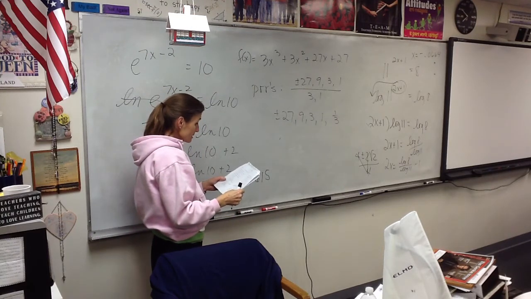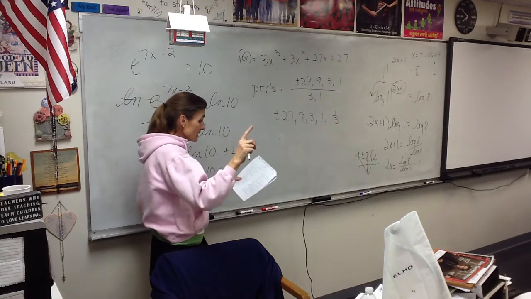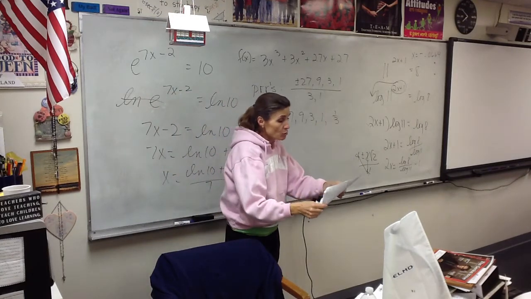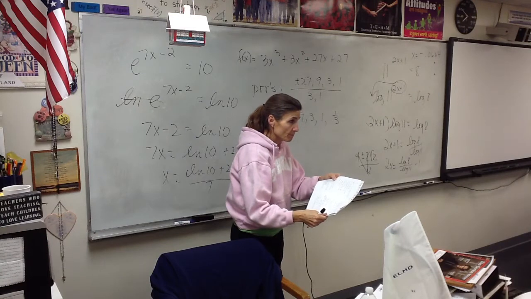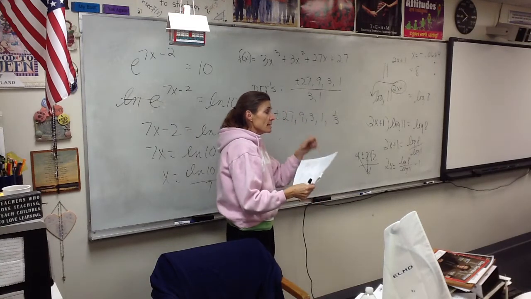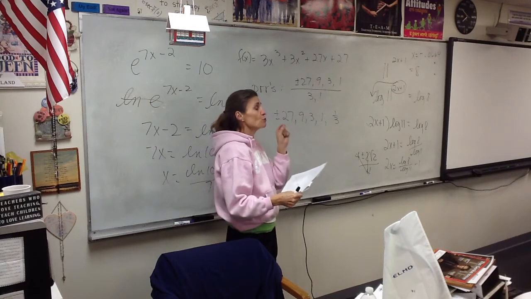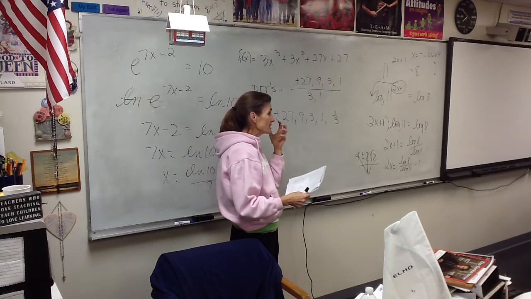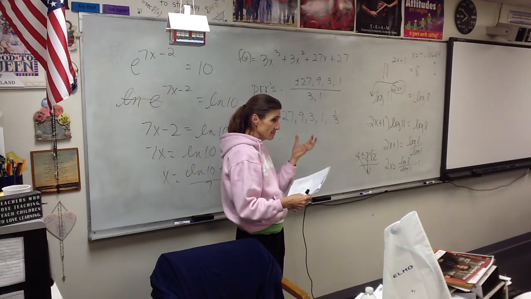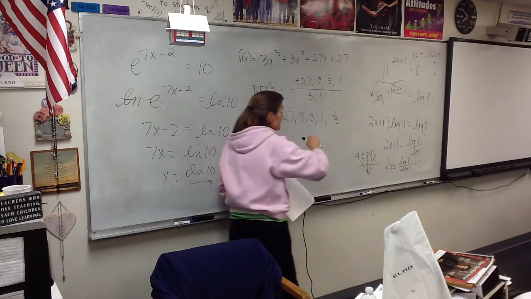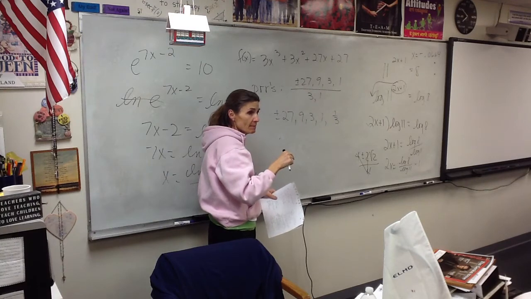Now it says find the roots. Okay, there is no star next to this problem. If the thing factors, you should always factor it because that's going to be fastest. So take a look at the problem. It looks promising, doesn't it?